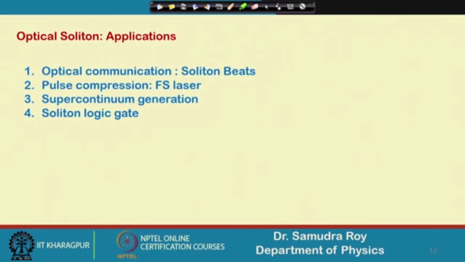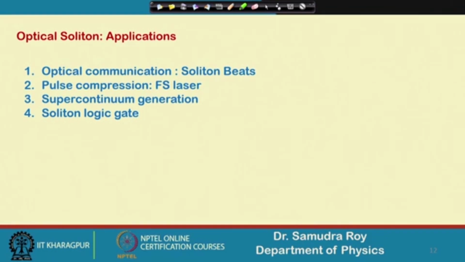Then in pulse compression, because for optical soliton with femtosecond laser, with different mechanisms, we can reshape the pulse, and even we can compress the pulse. If the optical soliton is evolved, then we can manipulate these things by putting some sort of external effect and reshaping them, which is also useful for different applications, and for femtosecond laser we can do that.